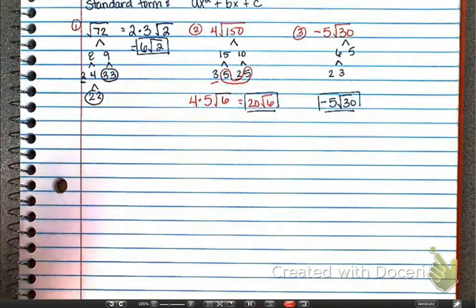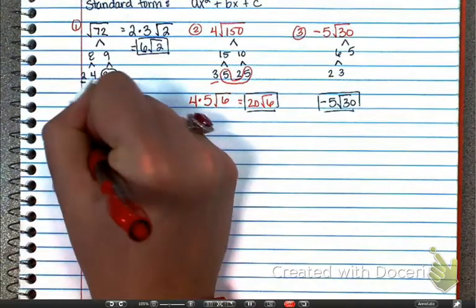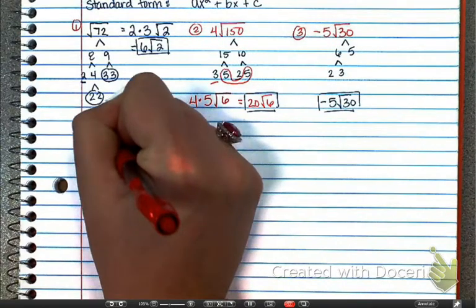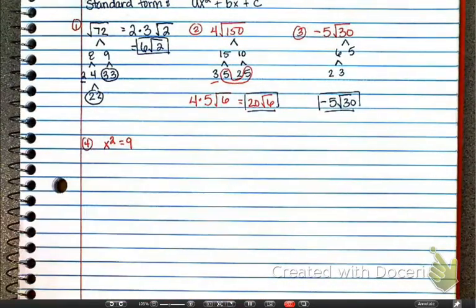I want you to use your best judgment, and I would like you to solve x squared equals 9. So what do you think you would do? Use your best judgment. If you need to talk to somebody, you can. But what would you do to solve x squared equals 9? What do you think x is going to be? Okay, so do what you think you need to do to solve x squared equals 9.